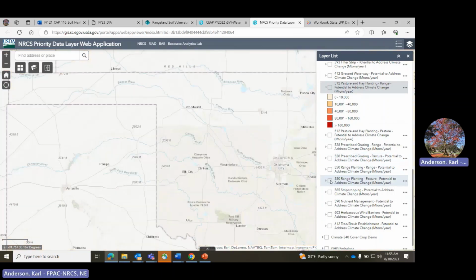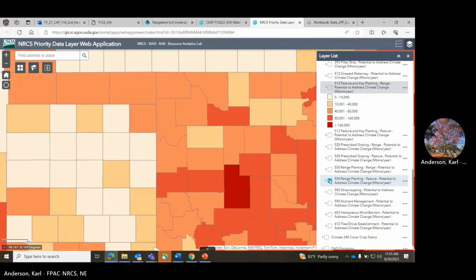Coming through and doing basically a range planting, it gives you some ideas here. So with that, that makes me think that a strategy would be to focus down here further south on some cropland type practices, while focusing on some more range type practices up here.